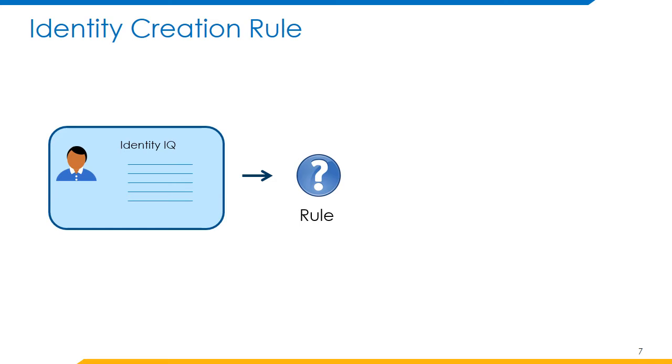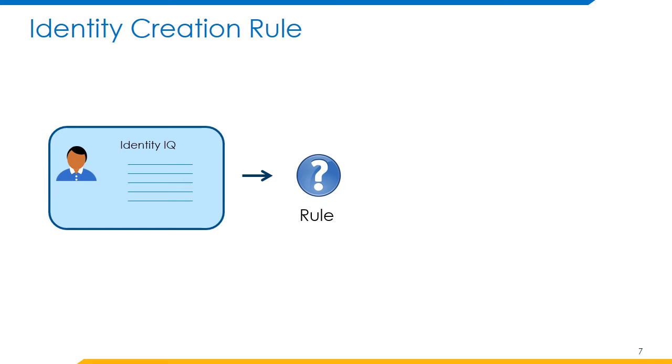Links in Identity IQ are representations of application accounts. In this particular scenario, the link refers to the account in the authoritative application that is currently under consideration. Based upon this account or link, the new identity shall be created.